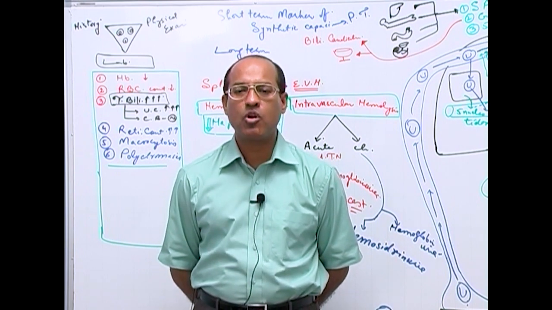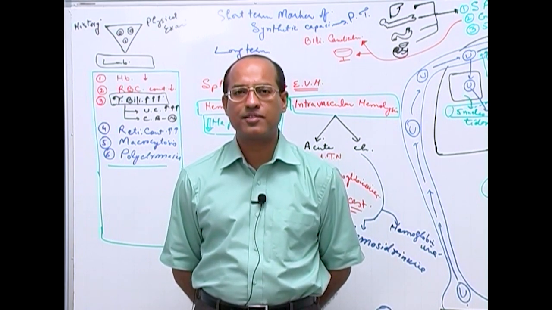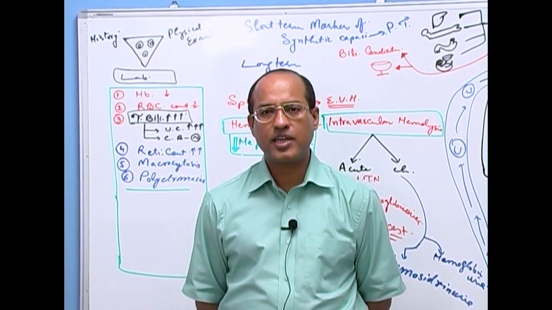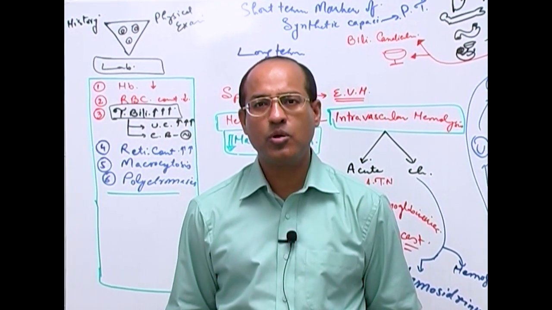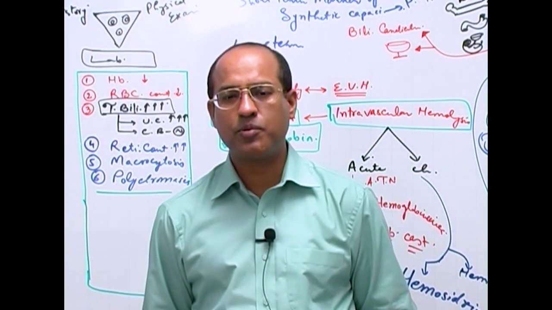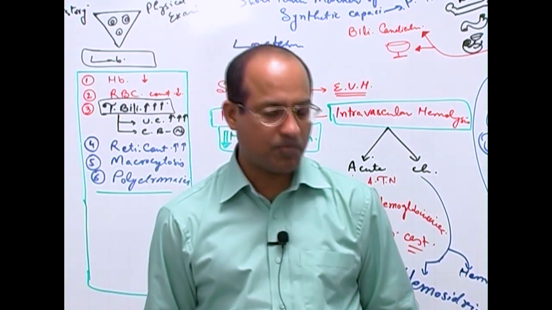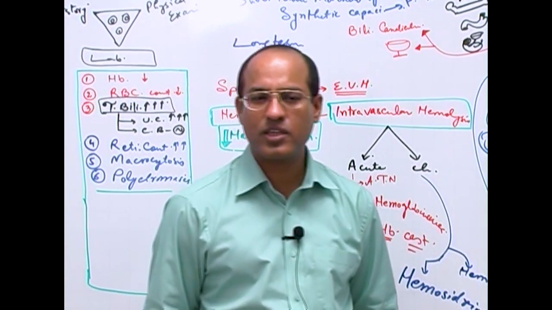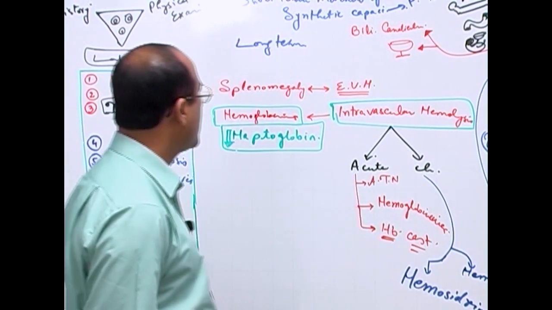And if someone has prolonged synthetic function failure of the liver, he will develop not only prolonged prothrombin time, but he will also have hypoalbuminemia. That is why low albumin is considered a bad prognostic indicator of cirrhotic patients.